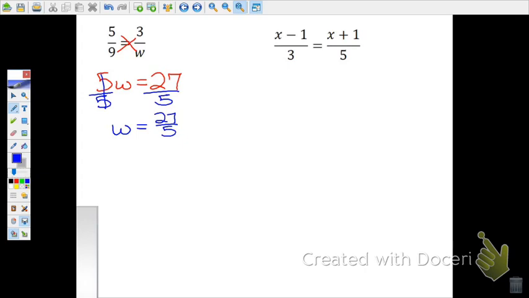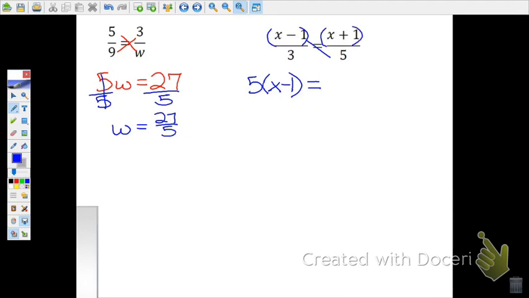Our next one. The key thing we need to remember here is order of operations. This whole numerator, x minus 1, even though there's 2 terms, represents one number in my numerator. So that has to be grouped together. When I cross multiply, I have to take 5 times the entire parenthesis, equals, same thing in the other direction.